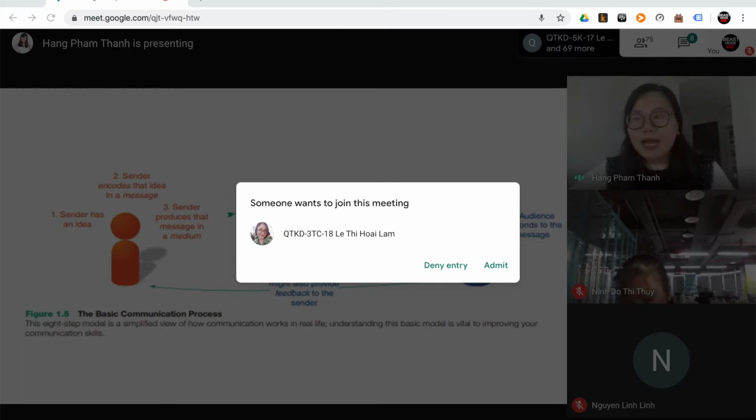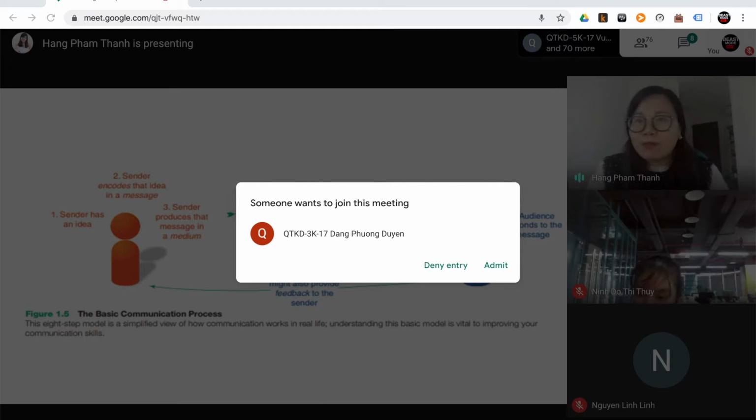People may have the same idea, but the way they encode the idea into a message may be very different. A simple and frank boy may encode the idea of liking a girl into exactly the same message: he comes to the girl and says, I like you.